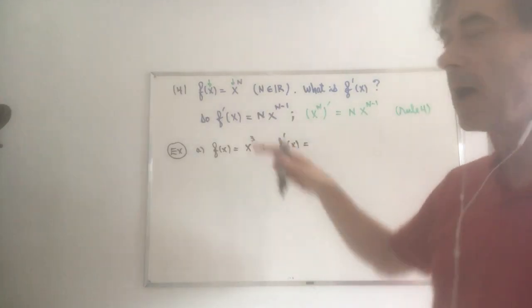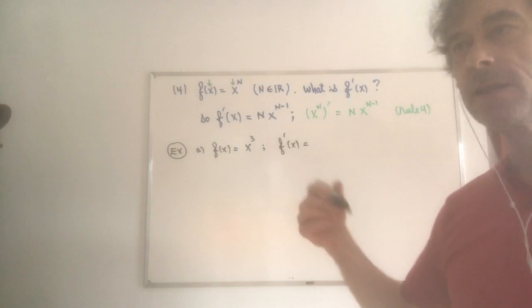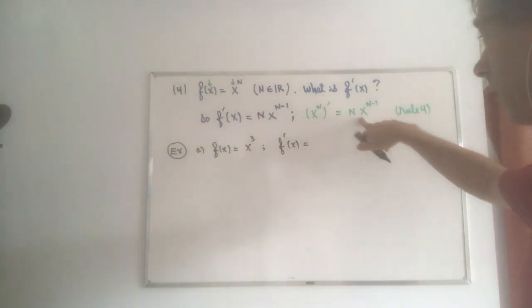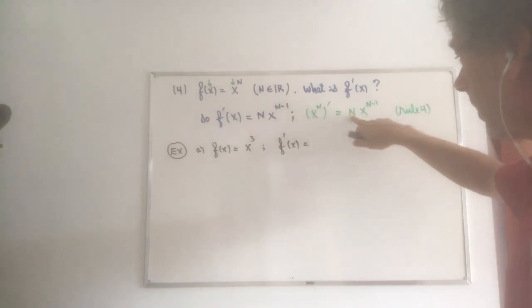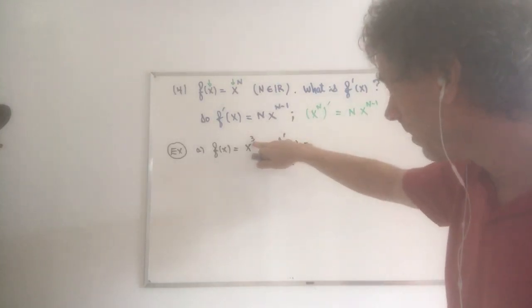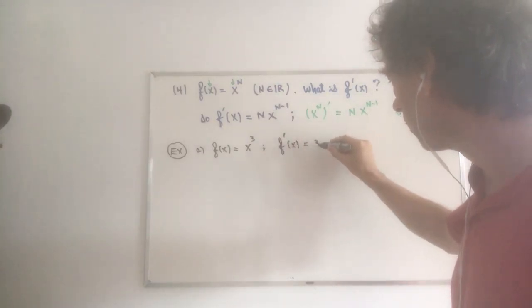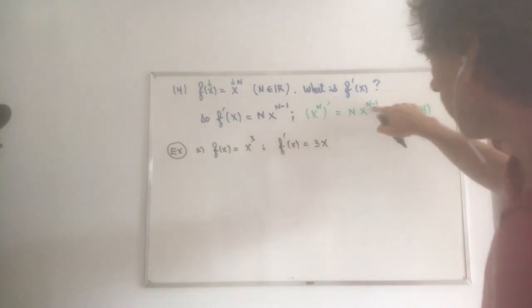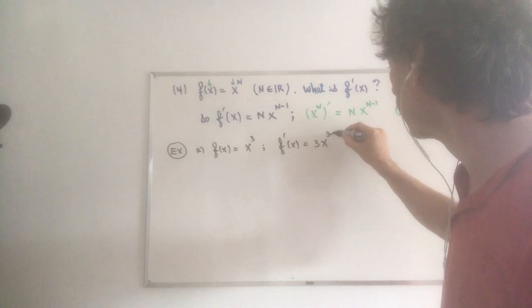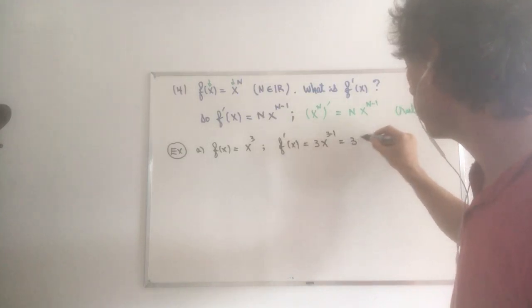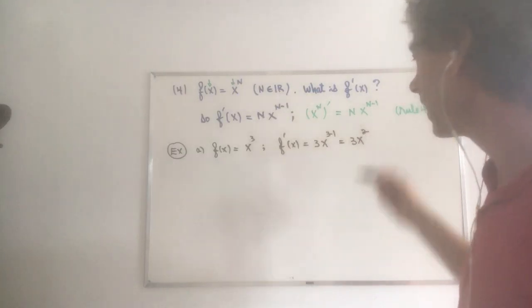What's the derivative? I'm not going to go through the limit. I have a rule now, and this rule tells me that I can take that exponent n, bring it in front, and then I can subtract 1 from the exponent. And 3x squared is what you're going to get.